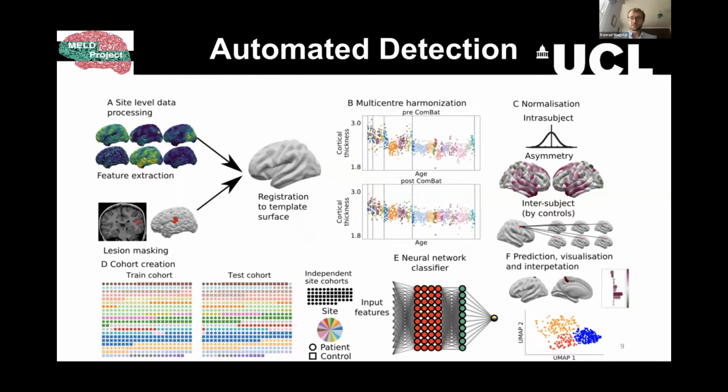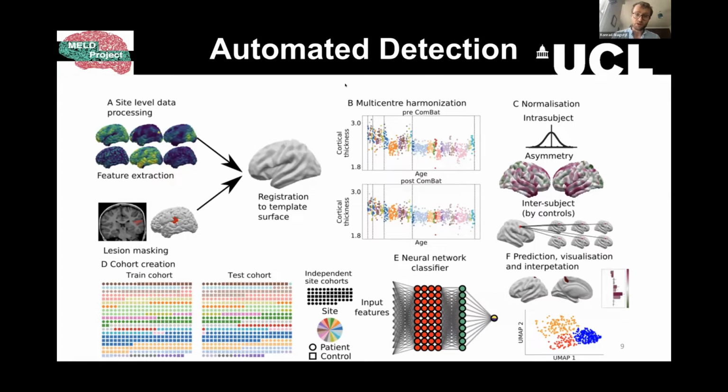So all of these are the features that we describe radiologically as being evidence of an FCD. These are mapped to a template surface, and we also run lesion masking. So the radiologists or researchers at each site will delineate where they think the lesion is, and this will also be mapped. So for each subject, we have the features and where the lesion is.